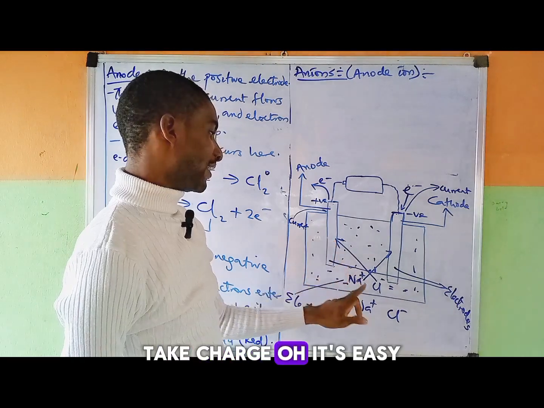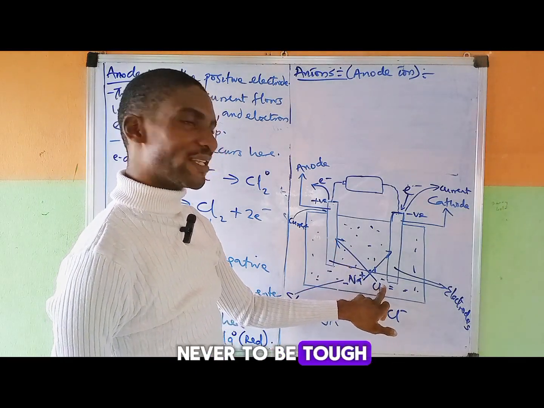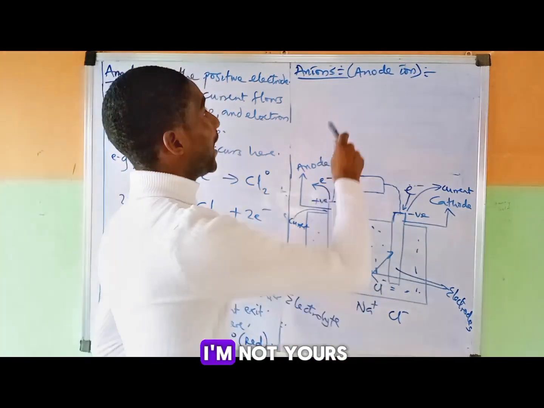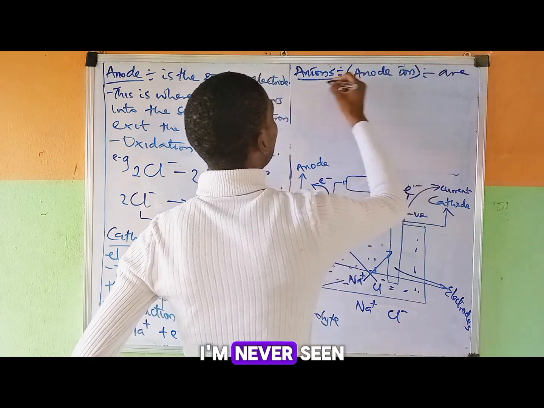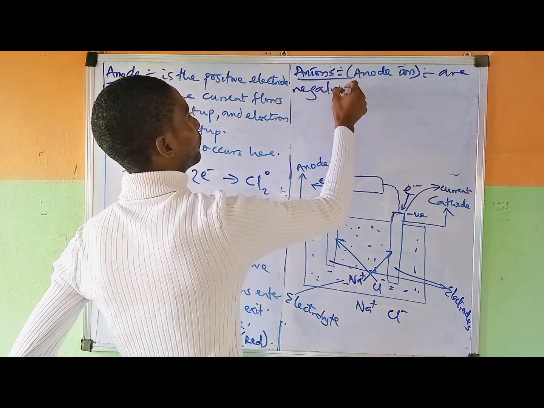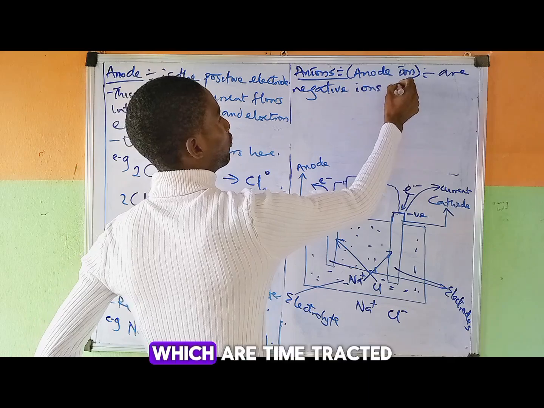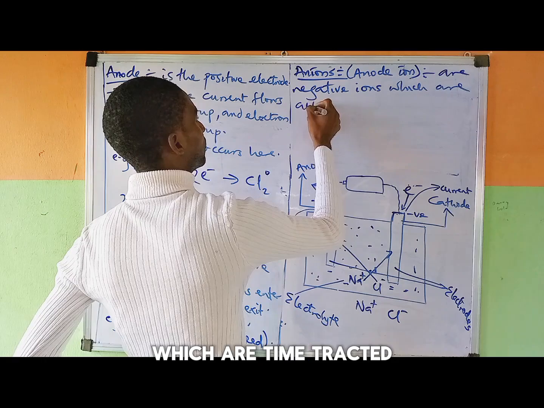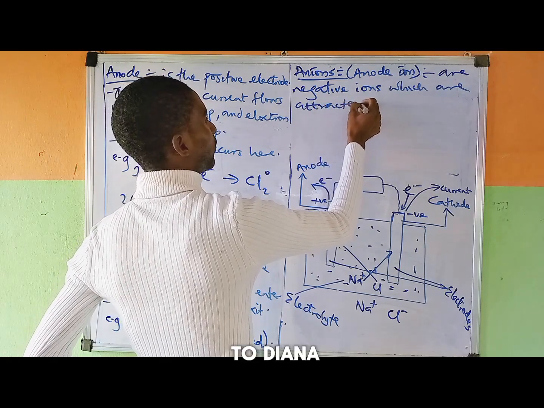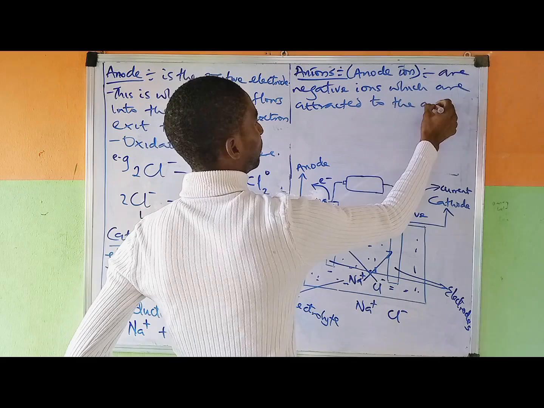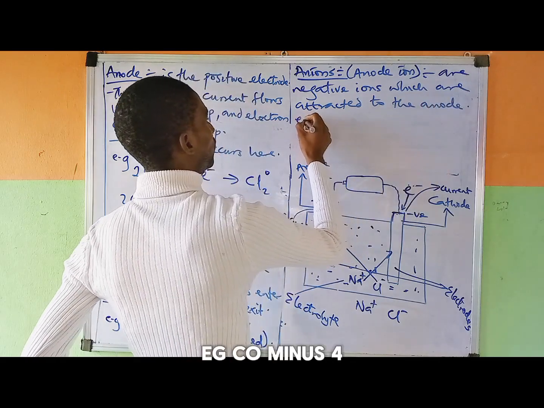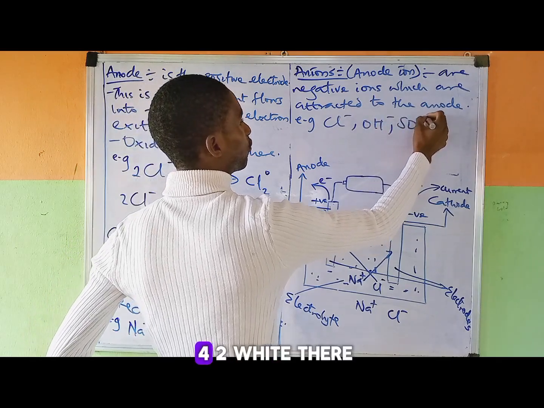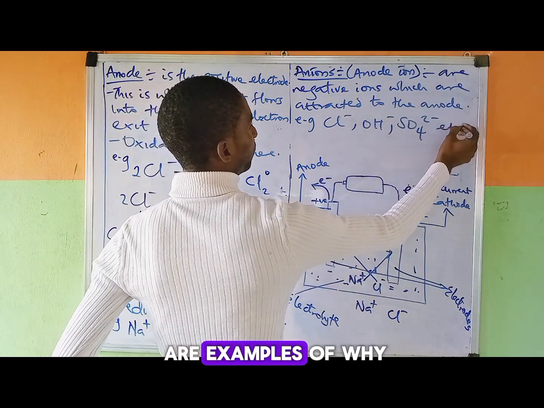So it is a negatively charged ion that will be attracted to the positive anode, meaning that anions are negative ions which are attracted to the anode, e.g. Cl minus, OH minus, SO4 2 minus. They are examples of anions.